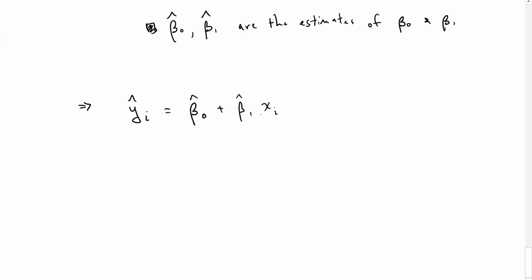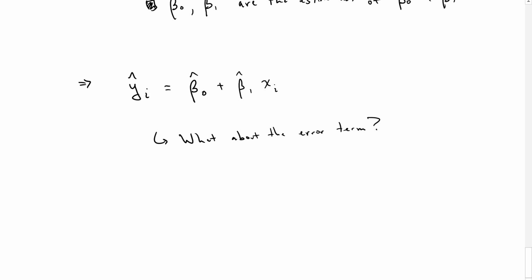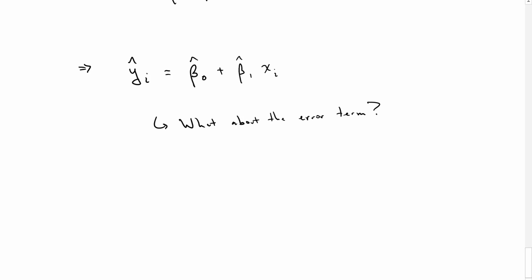X we can measure. And where's the error term? That's missing. And also yi hat is the estimated value of yi.